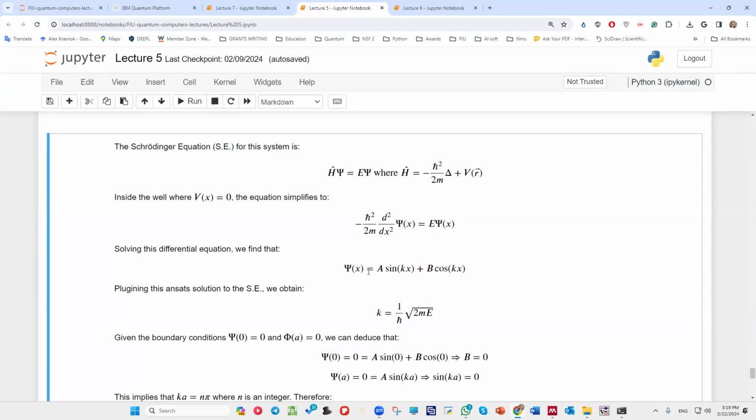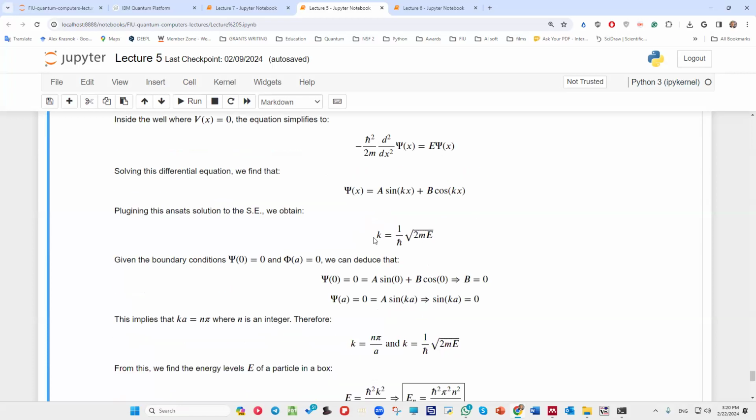So we search for the solution as a sum of sine and cosine functions with different amplitudes. We substitute this solution into the Schrödinger equation and get this formula that connects the k, which is the wave number, and energy here, right?